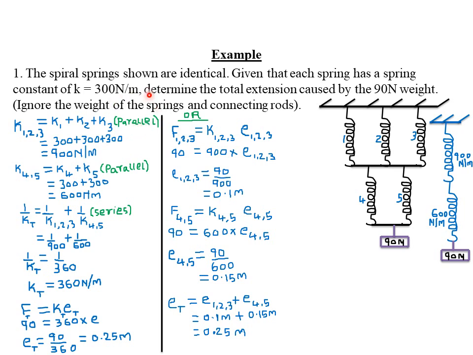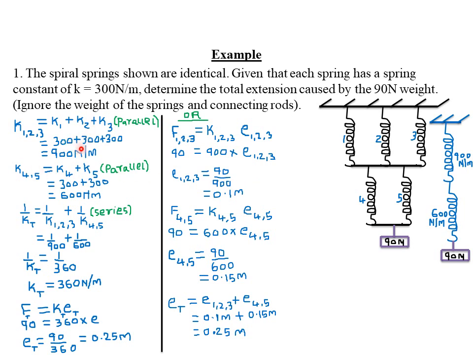Because we are told that each spring has a spring constant of 300 Newton per meter, and that the springs are identical, to find K total for springs 1, 2, and 3 combined, we simply take 300 plus 300 plus 300, which gives us 900 Newton per meter.